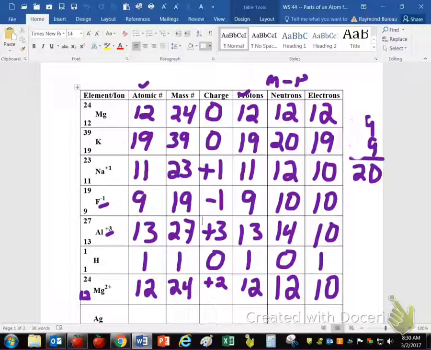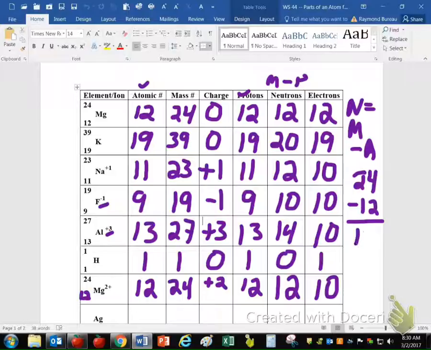Okay, pick one of the ones we've already done. The top one, magnesium. To get the neutrons, it is equal to the mass number minus the atomic number. That's supposed to be an A. So in this case, the mass number is 24 and the atomic number is 12.